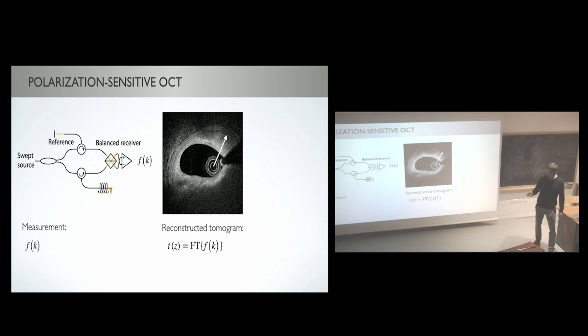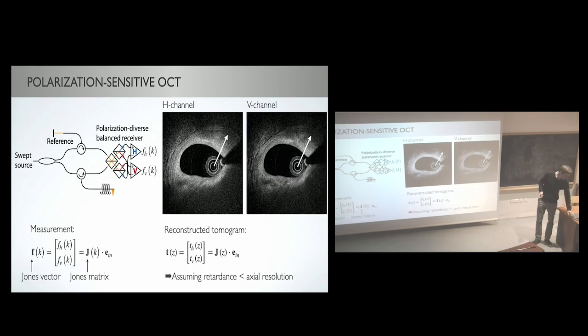And that's why even a lot of regular catheter-based OCT systems use polarization diverse detection, where we take the sample light and split it into two orthogonal polarization states that we each mix with the reference signal to record the field, both along a horizontal and a vertical polarization state.